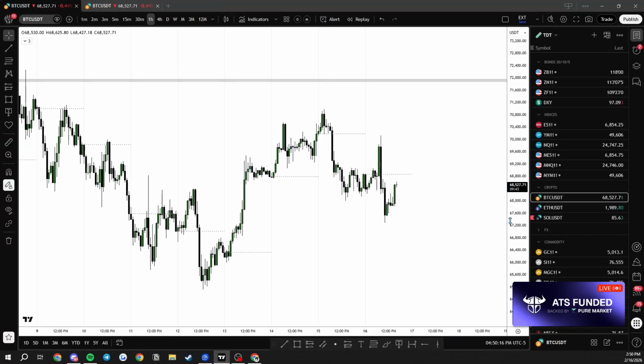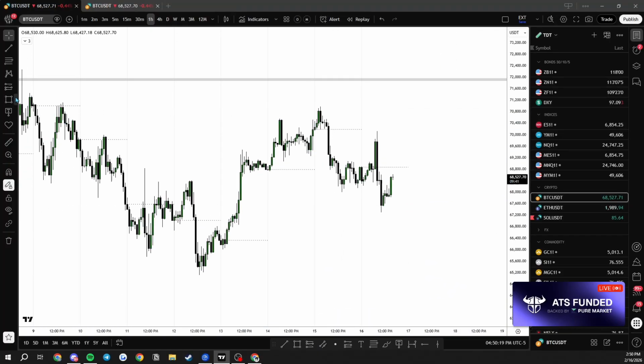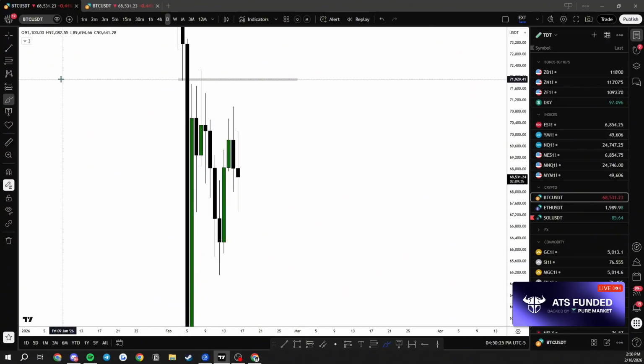But this just looks like another market maker sell model to me currently, right? We move up. Let's see, maybe what was that key level? Was it the midpoint of this wick? Nope, fell short of it just by a tad. But we do have this bearish order block actually.